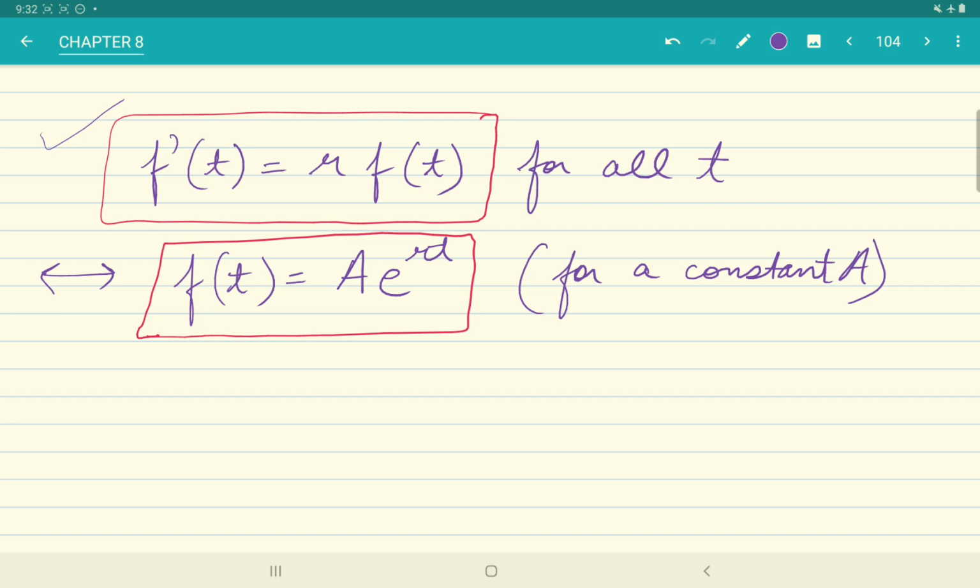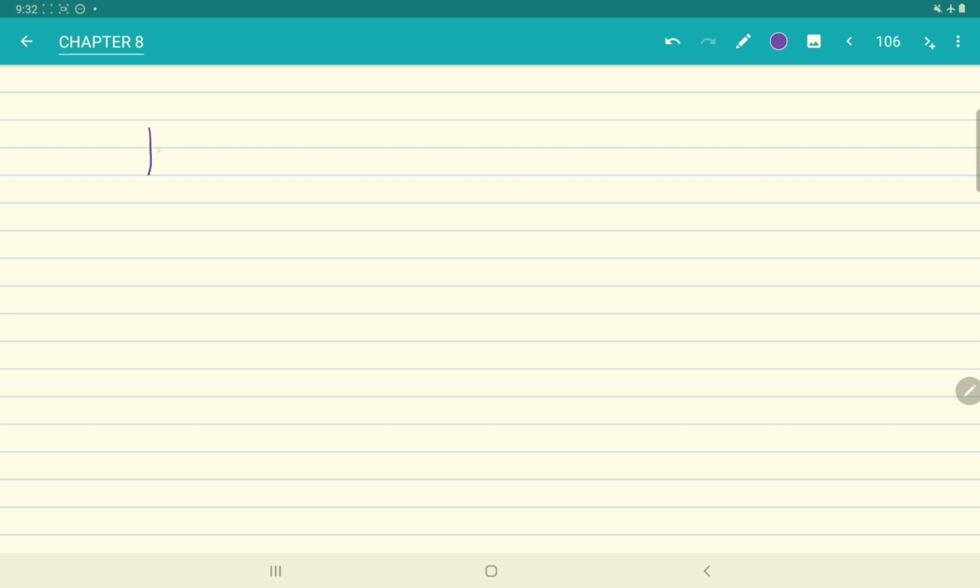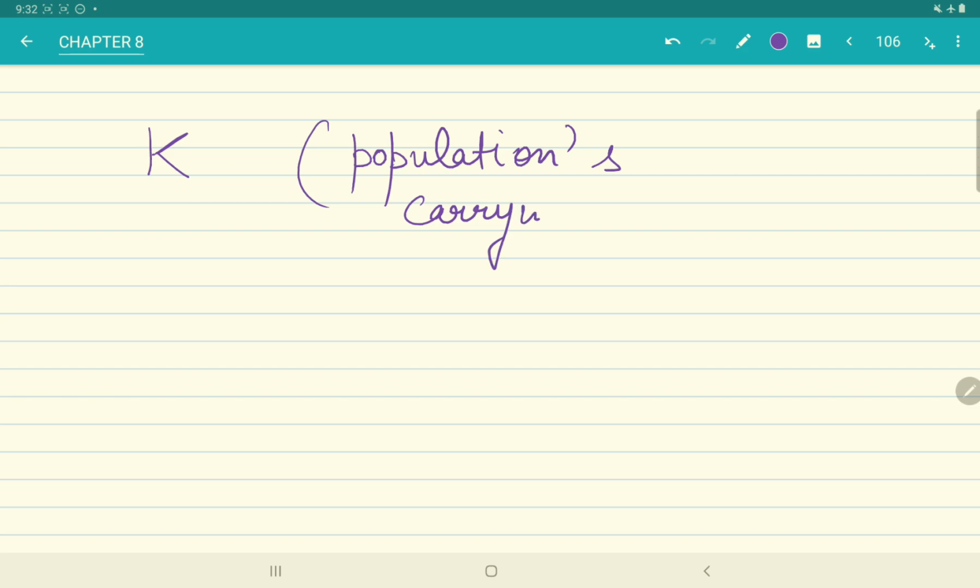The point to understand here is that we have something called K, which is the population's carrying capacity. What I mean by K, or the population's carrying capacity, is what the environment is capable of carrying for that population.